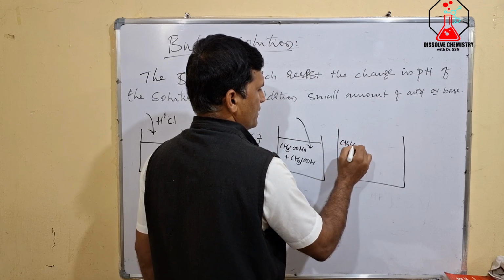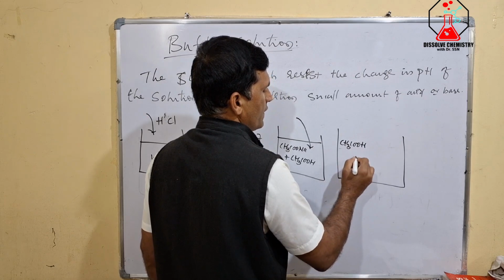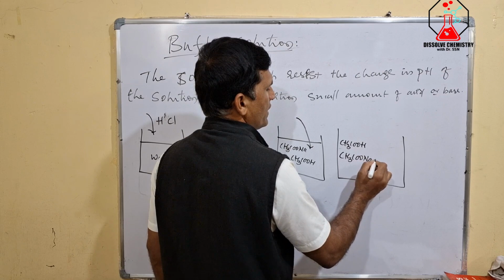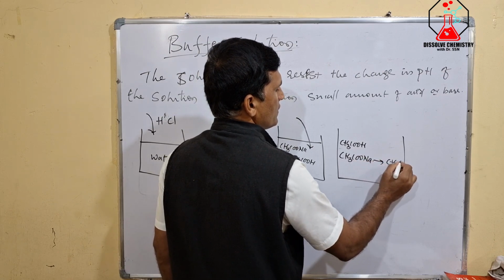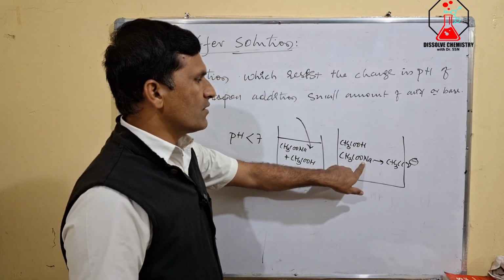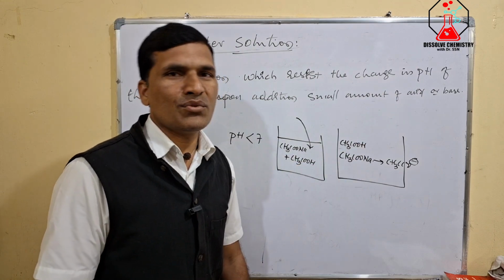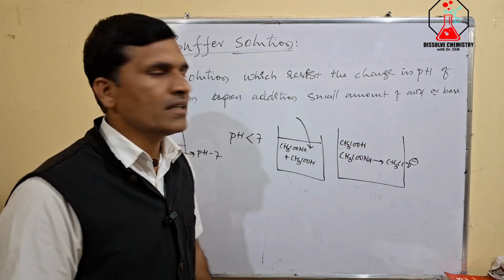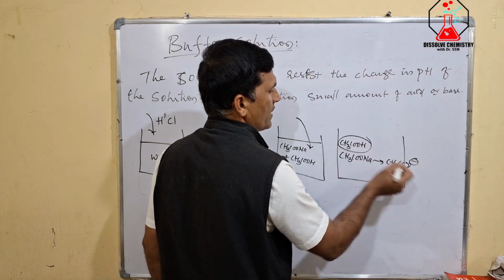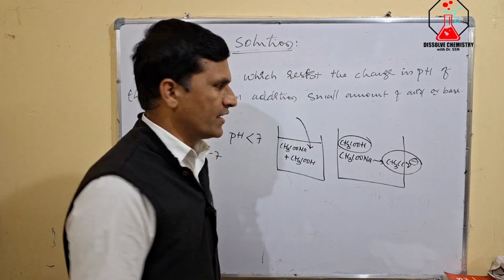This acetic acid will act as a reserve of H plus ions, and CH3COONa will act as a reserve of CH3COO minus ions. In the presence of this salt, the acetic acid will remain in undissociated form, as we have already discussed in common ion effect. Therefore your solution will have acetate ions and acetic acid molecules in water.